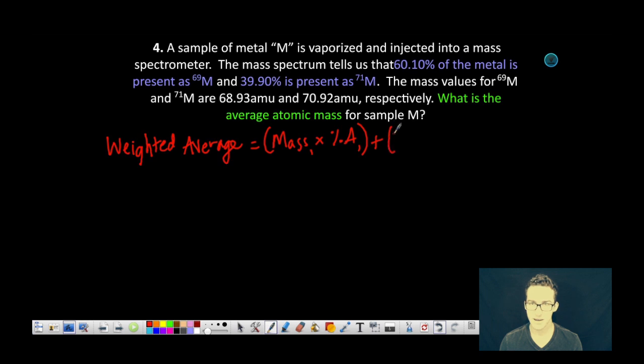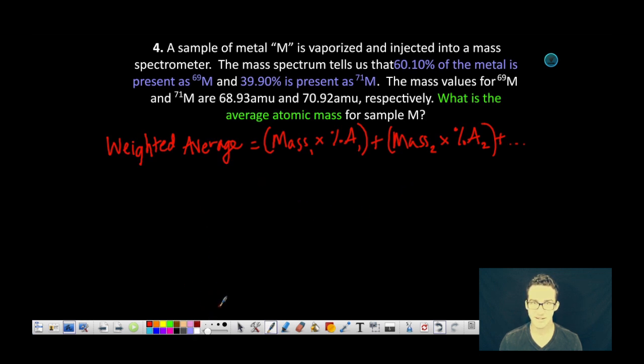Then you add to that the mass of isotope 2 times the percent abundance of isotope 2. And if we had a sample with more than 2 isotopes, it would just keep going. But since we only have 2, we're just going to stop at this point.